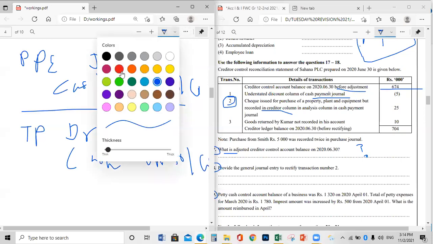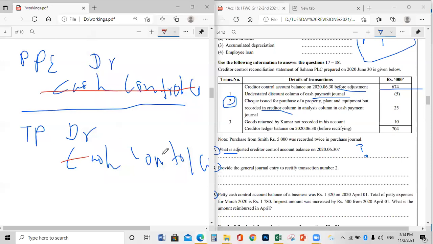Both are cash credited. Even if you pay for PPE or pay to creditor, still your cash goes out, so cash will be credited. The only problem is the debit entry. Instead of debiting PPE, you went and debited the trade payable.